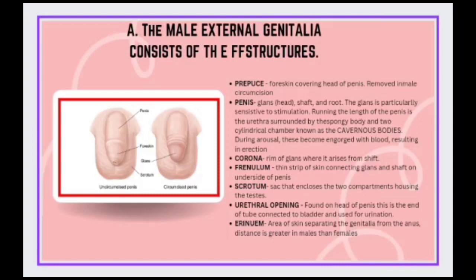The body or shaft has a shape like a tube or cylinder. It consists of 3 internal chambers. The 2 largest chambers are corpora cavernosa, and the 3rd chamber is corpus spongiosum.